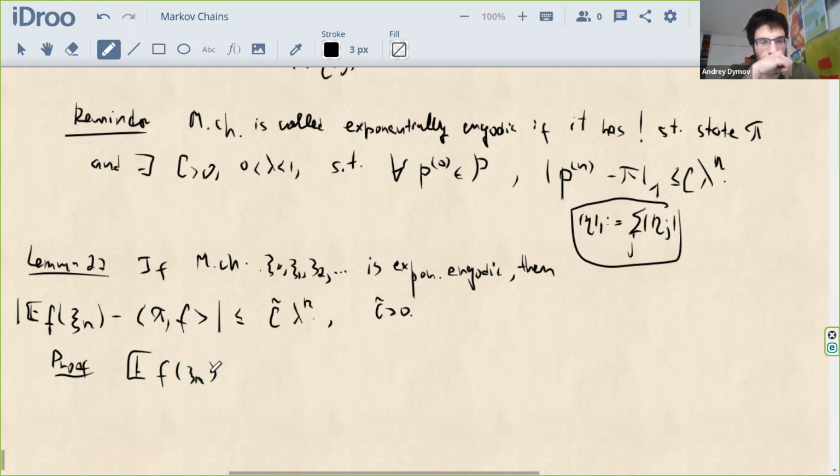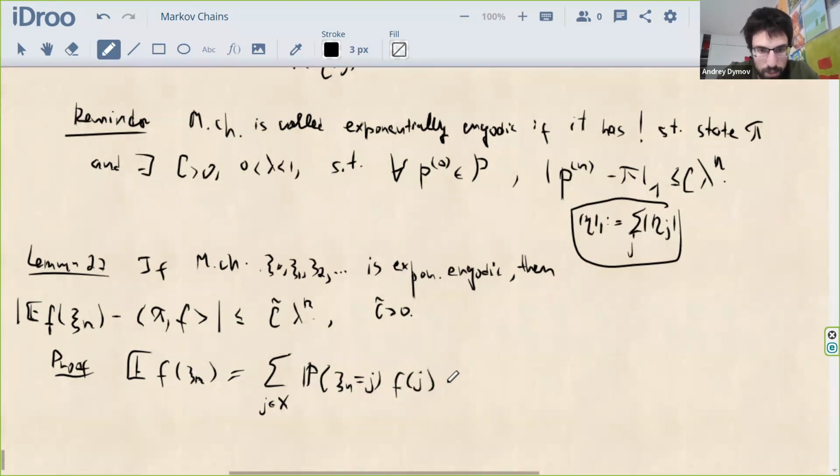This is the summation over J from X of the probability that xi(n) equals J, times the value of the function f at the state J, right?